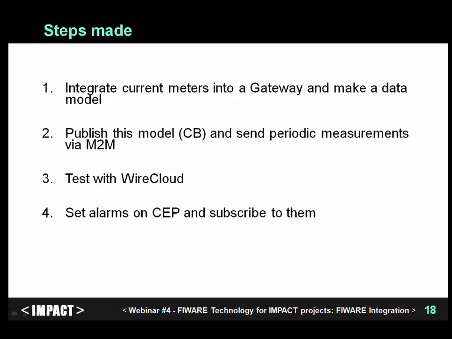All the information that goes to the context broker, as we saw before in this diagram with all the enablers, is then processed with CEP, the Proton enabler, which can be configured with alarms that go off depending on the data measured by the context broker. And so the application can subscribe to these alarms.